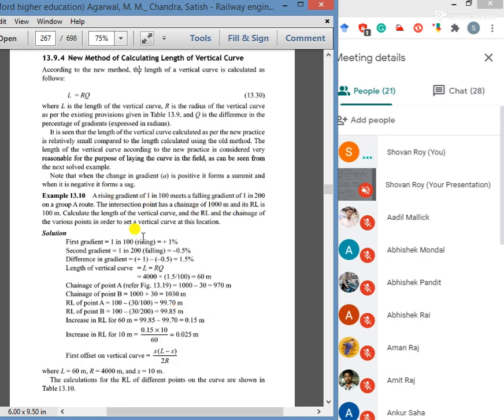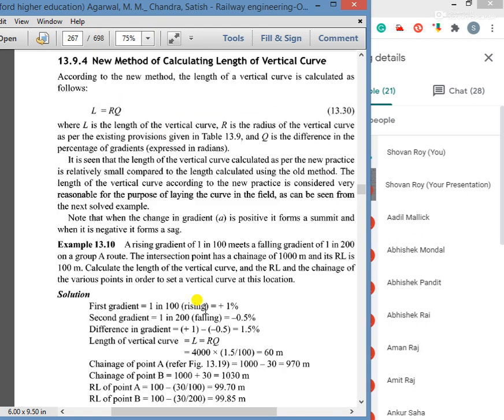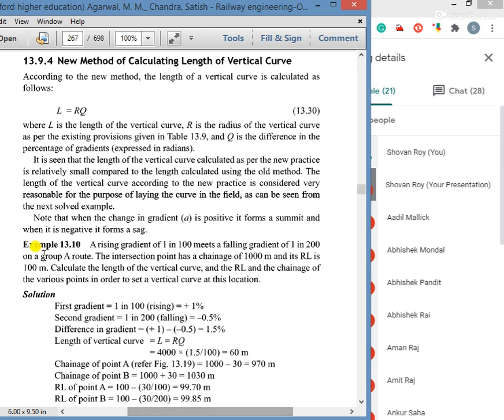First you can see this example: a rising gradient of 1 in 100 meets a falling gradient of 1 in 200 on a group A route.